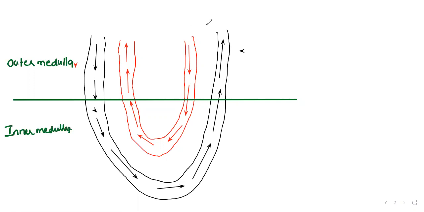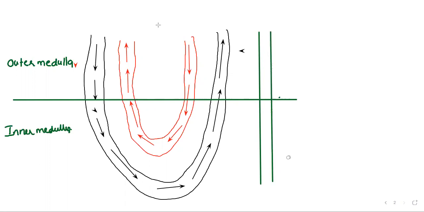One more thing we want here is the collecting duct. We need to draw the collecting duct also, because it is one of the participants in this case. This is the collecting duct.